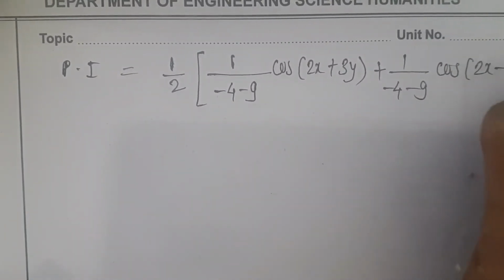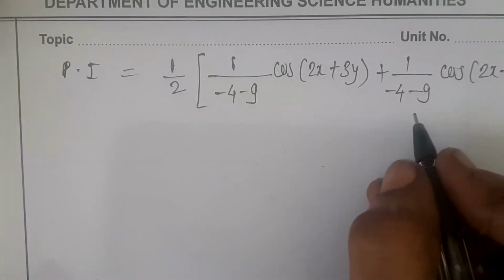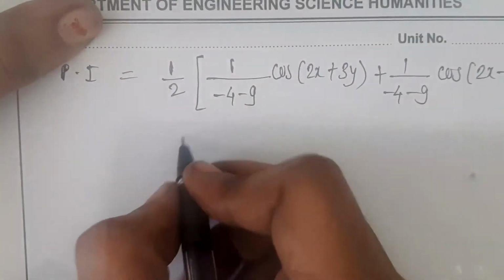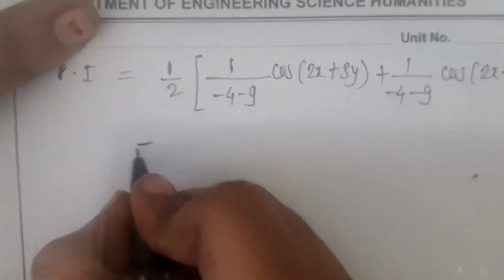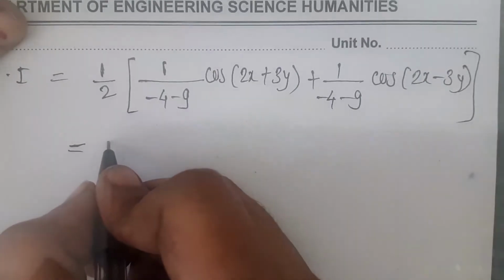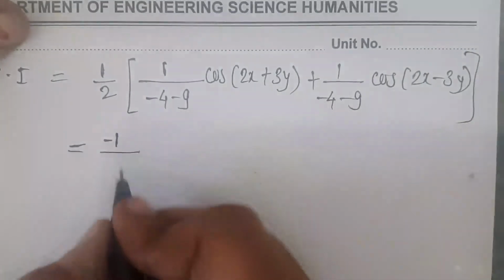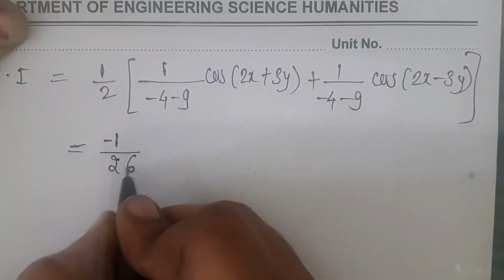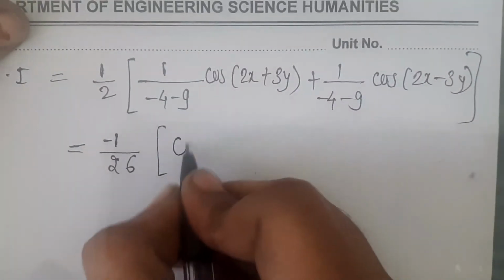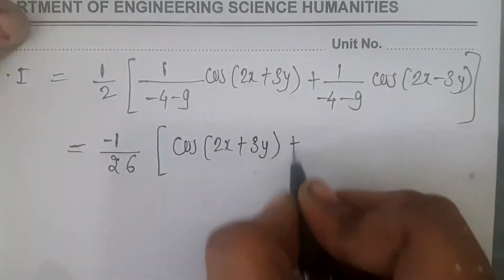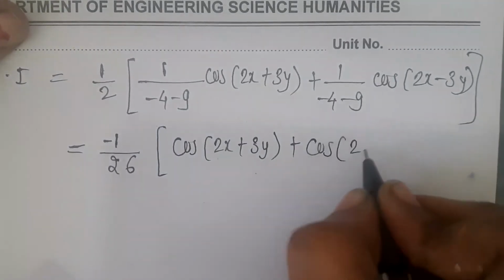Now the case does not fail here. The answer is minus 9 minus 4, it is minus 13. So if we take minus 13 common from both, we will get minus 1 upon minus 13 into 2, it is 26, multiplied by cos of 2x plus 3y plus cos of 2x minus 3y.